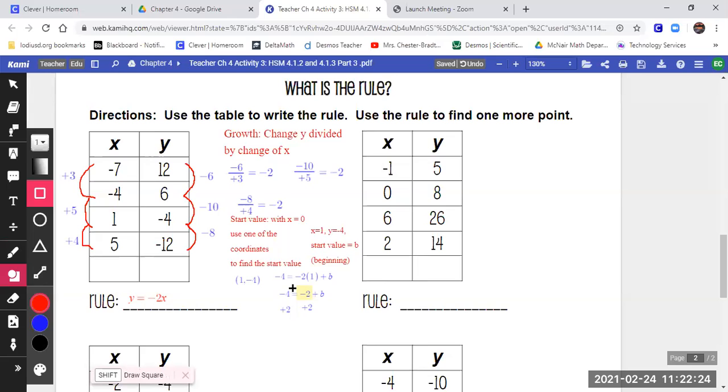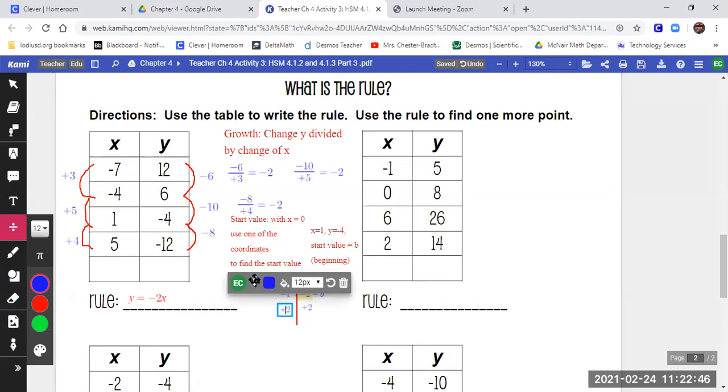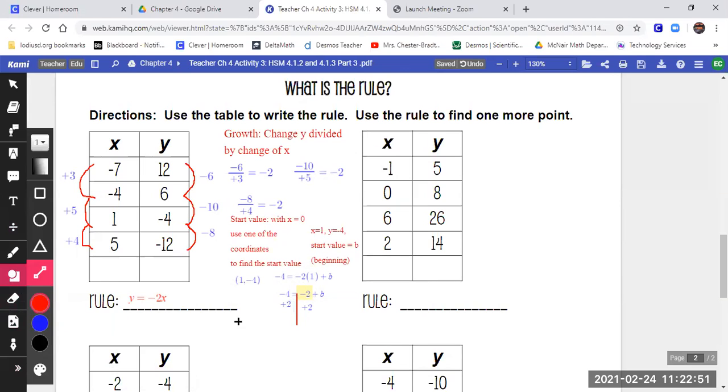Whatever we do to the left, we have to do to the right, remember? That's why we're adding 2. The way we big 0 -2 is +2, because -2 with +2 makes 0.